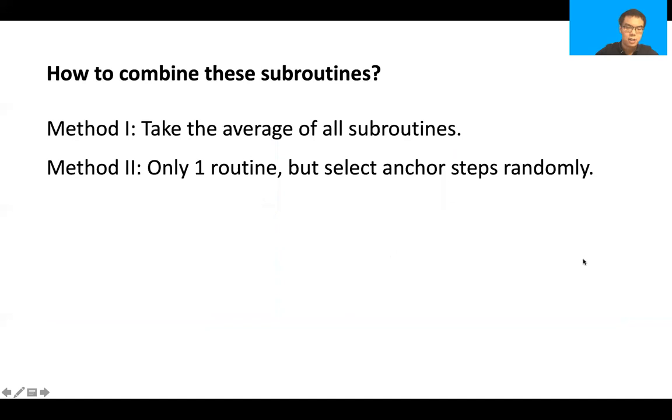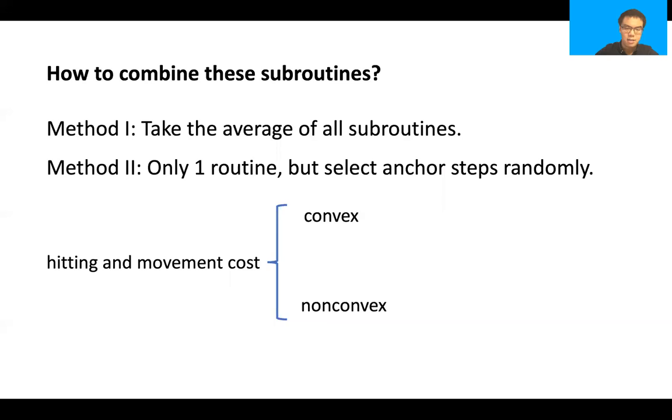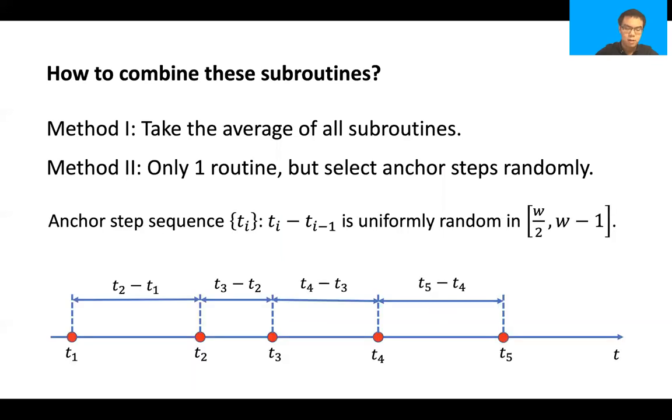So as an alternative, we propose a randomized approach, which uses only one subroutine, but selects anchor steps randomly. We show that this works for both convex and non-convex hitting costs and movement costs. To see how it works, suppose currently we are at anchor step T1 and want to decide the next anchor step T2.